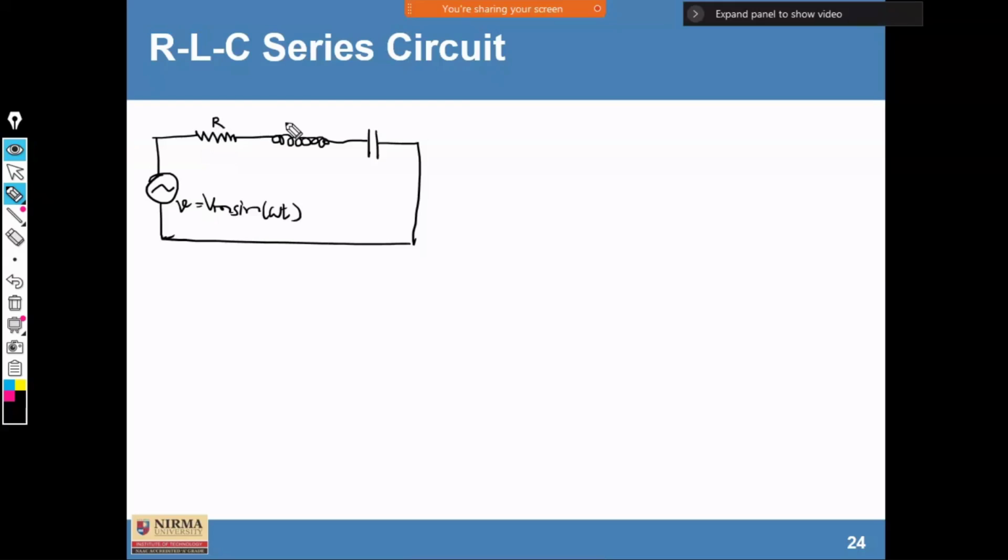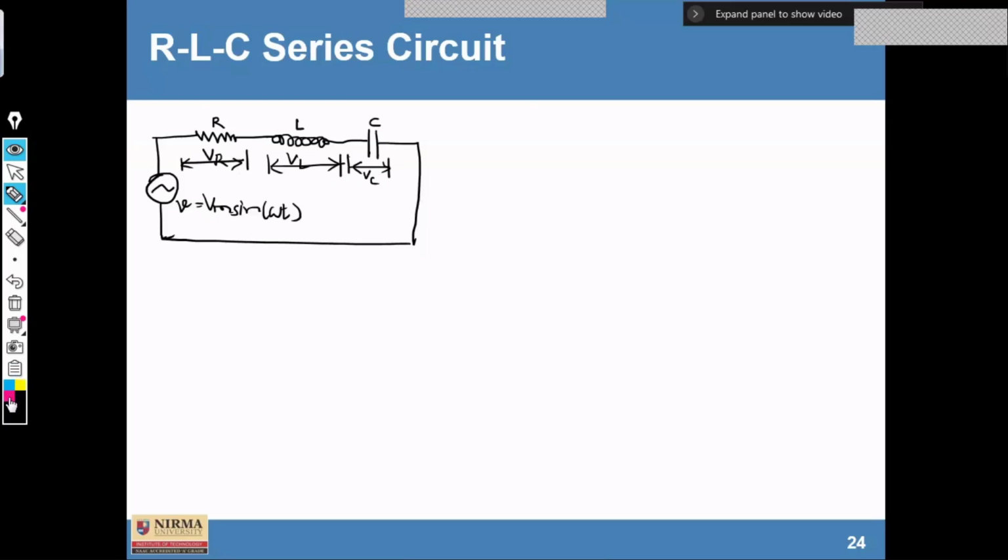Here you can consider it as R, L and C. The voltage drop across this we can write as VR, here we can write VL, and the third one is VC here. And we can draw the vectors also.